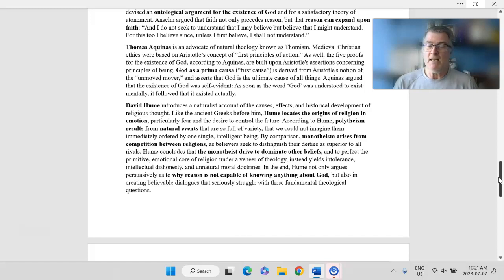And Hume says, as this occurs, some of these secondary gods and goddesses sort of fall away. And eventually people are arguing, saying, my God is better than your God, despite the fact that, okay, at the end of the day, is it not the same entity just expressed differently? So Hume says that the monotheistic drive to dominate other beliefs is probably at the core of monotheistic thinking.